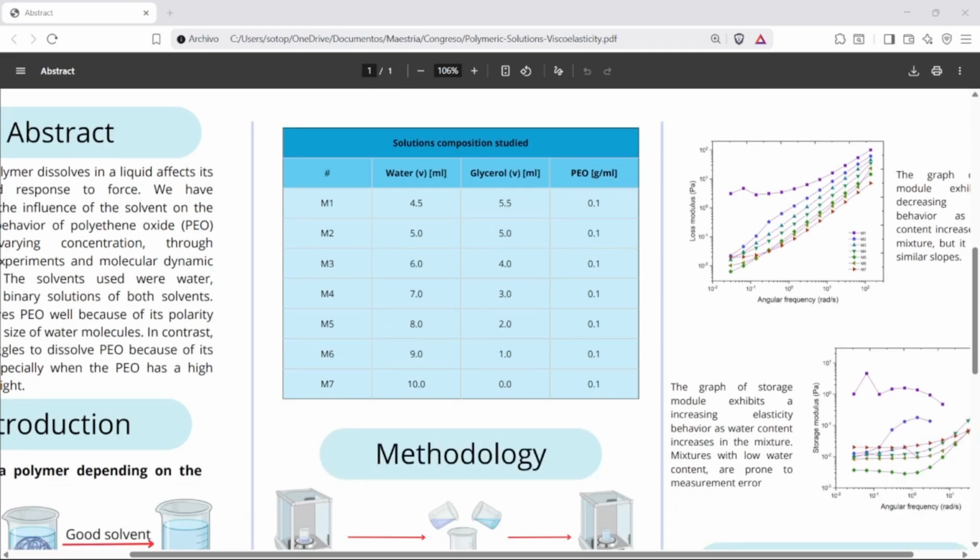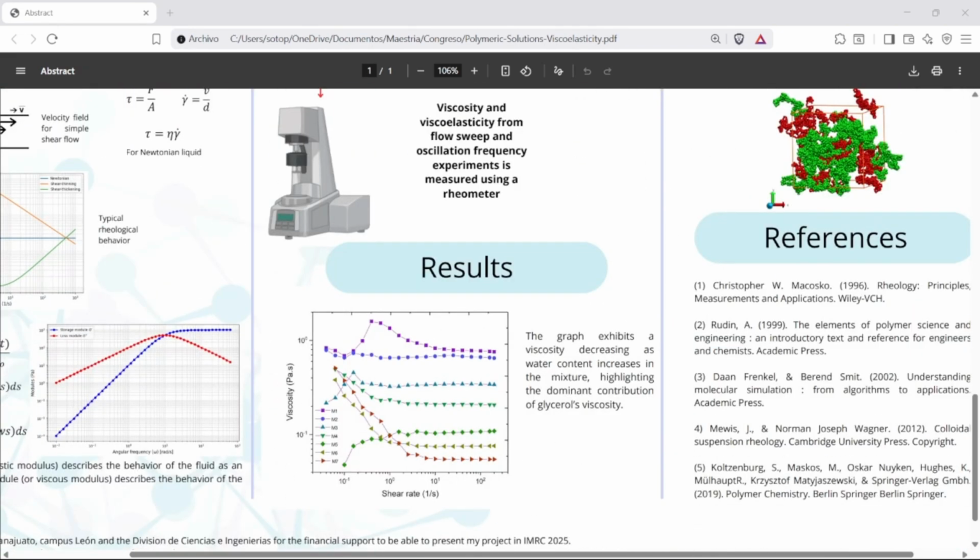So we can see the viscosity is higher than the other samples. In the last case, we have just water with polymer, so the viscosity is lower than the other samples.